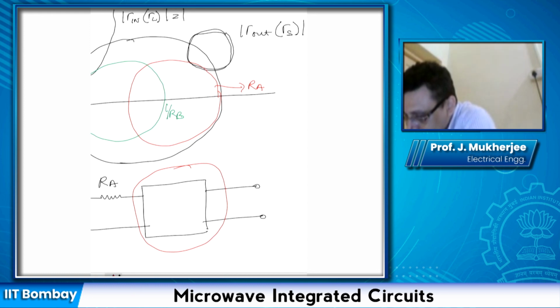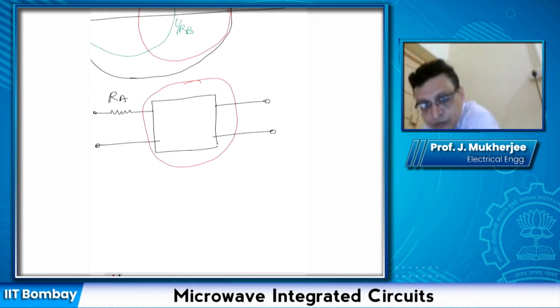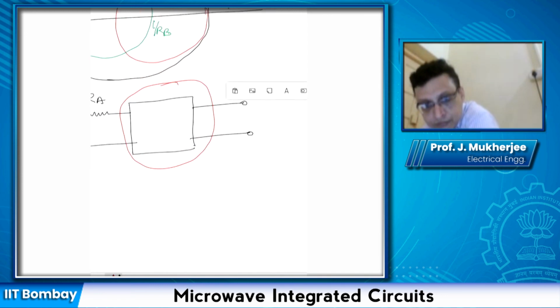Now if we add a resistance Ra in series, where Ra corresponds to that constant resistance circle which just touches the input stability circle, then it can be shown that the system will be stable. And this comes from the Stern stability criteria.